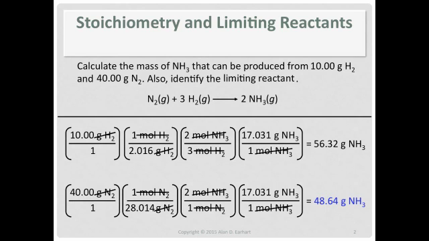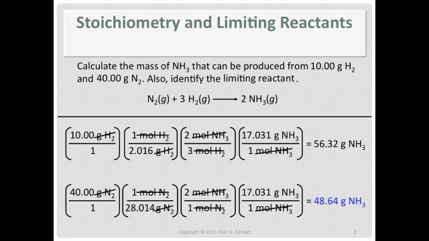But we can only make 48.64 grams of ammonia because at that point we've exhausted our nitrogen, N2, and even though we have more hydrogen gas, it doesn't matter. As soon as one reactant runs out, poof, the reaction's over.